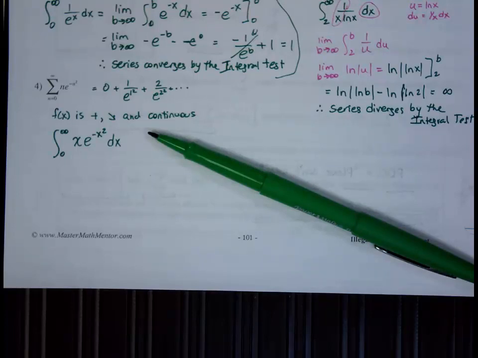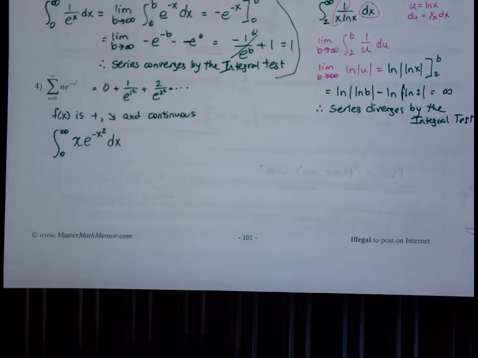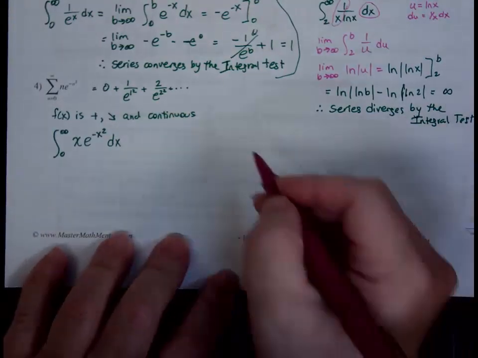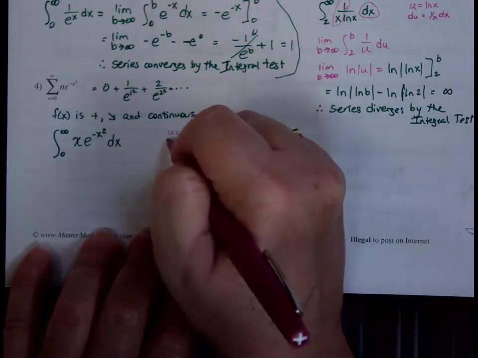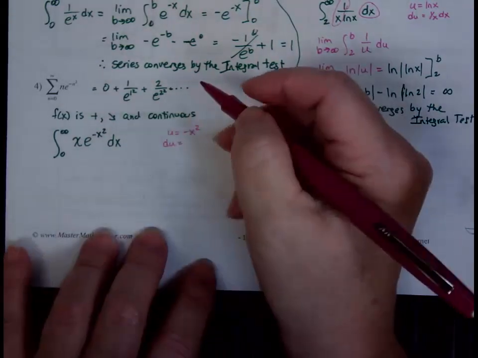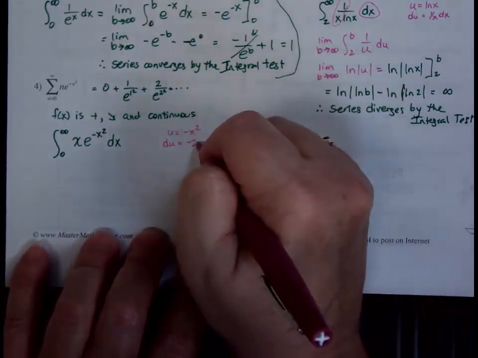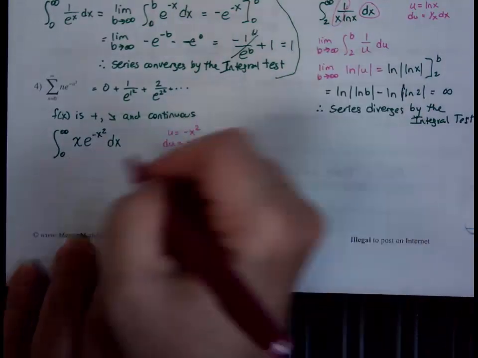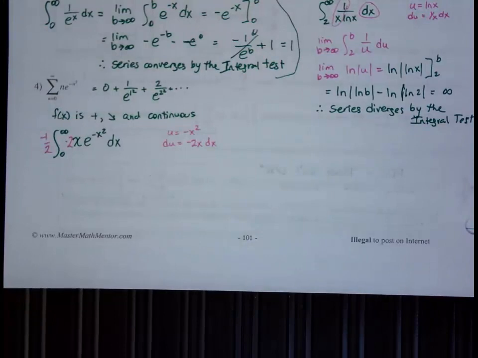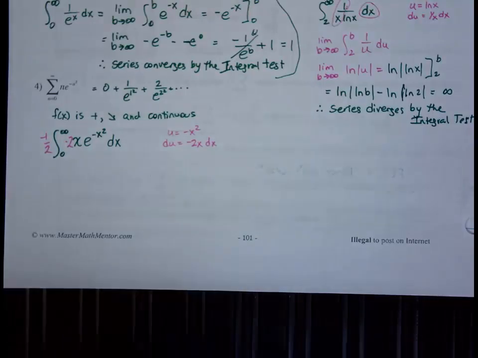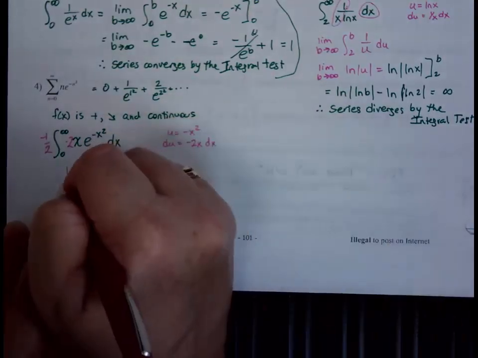So once again, let's do a u sub. So u equals negative x squared. du equals negative 2x dx. So this needs a negative 2 and a negative 1/2. Is this coming back to you? Yes. So this will now be the limit as b approaches infinity.